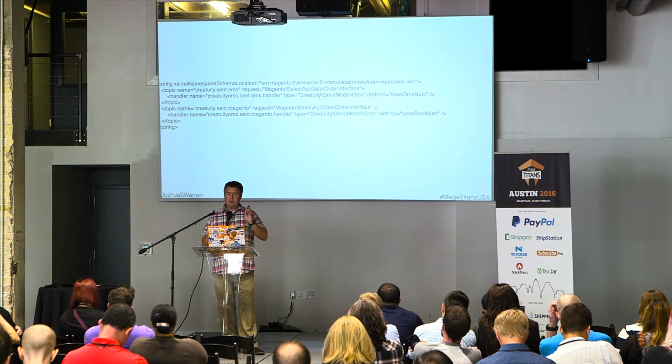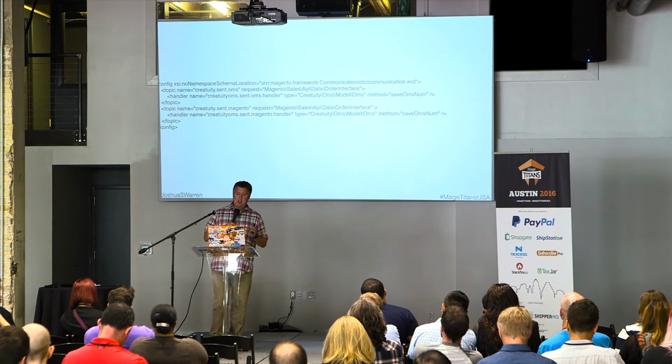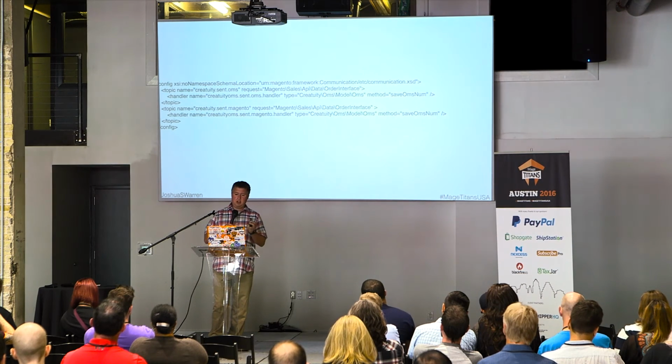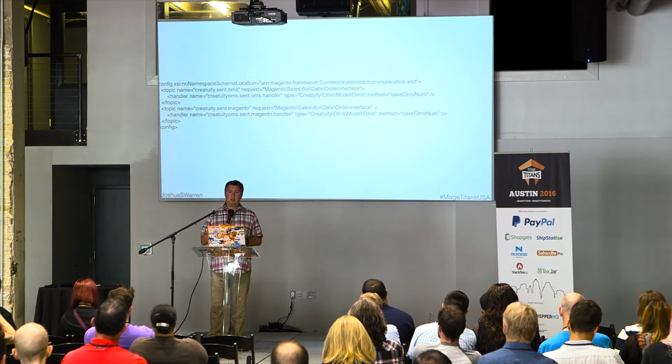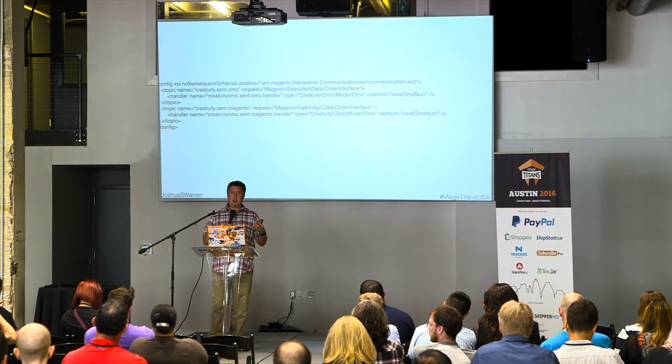And again, I'll have this online where it'll be a little easier to read. But basically, we say anytime there's a message in creativity.oms.sent.magento, call this particular function and save it into Magento. So that allows us to connect a custom function in Magento to messages within RabbitMQ.